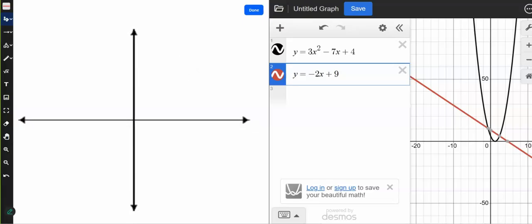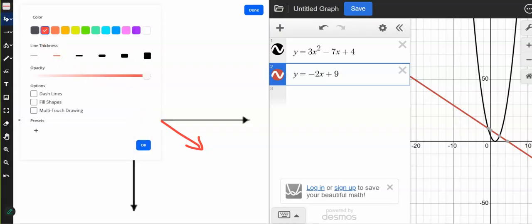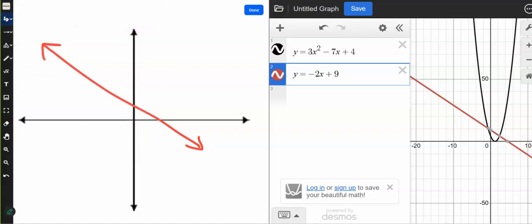And let's see, my red one, doing something like this. My black one, let's see, it's crossing here and crossing here. So it's doing something like that.